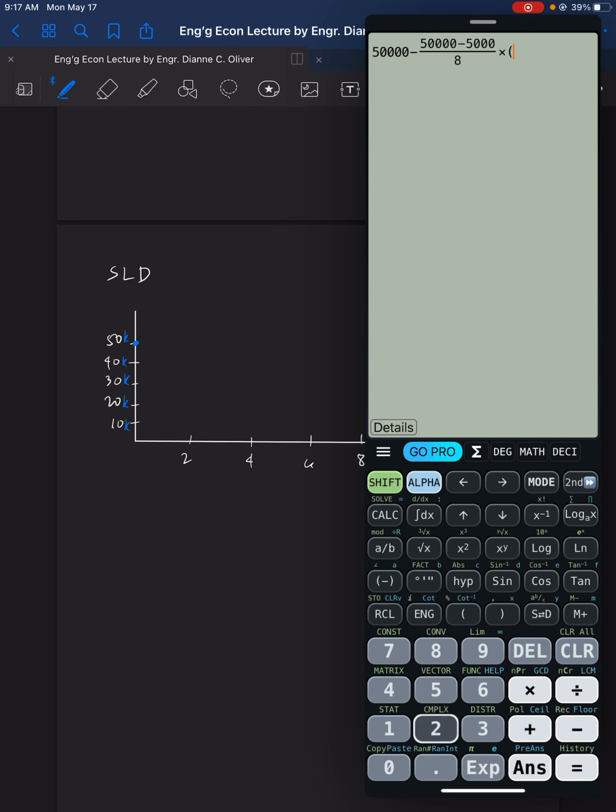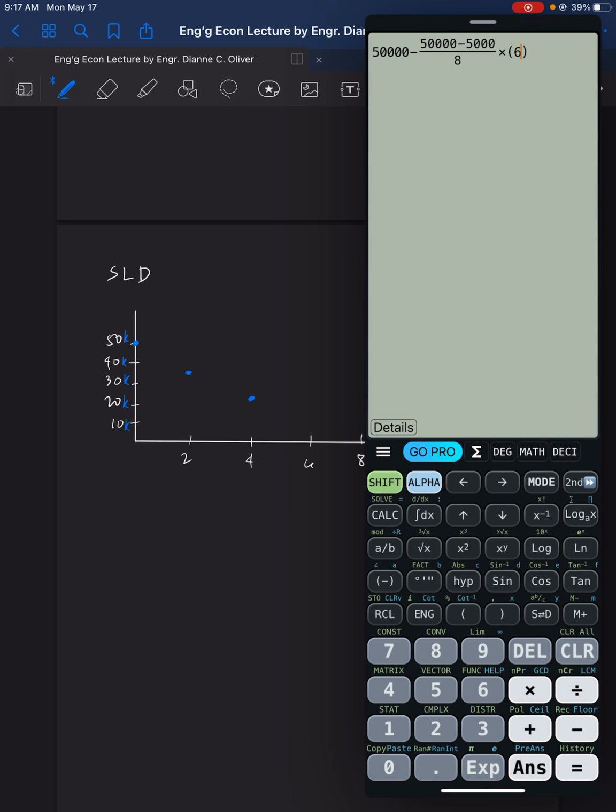At the second year, we have 38,750. At the fourth year, we have 27,500.